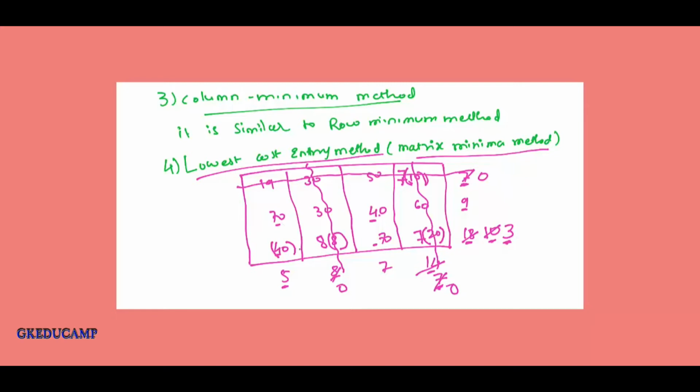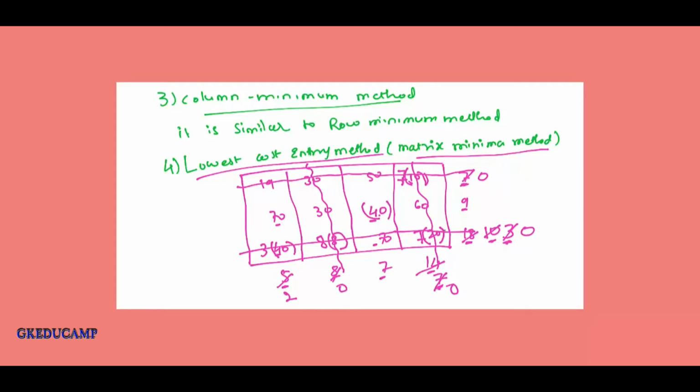So allocate 3 to the 40 because 3 is the minimum as compared to 5. So you will get remainder here 2. So here it will become remainder 0. This whole row will vanish. And again we have here another one, 40 is the minimum.